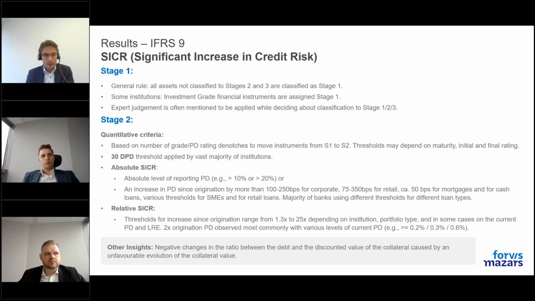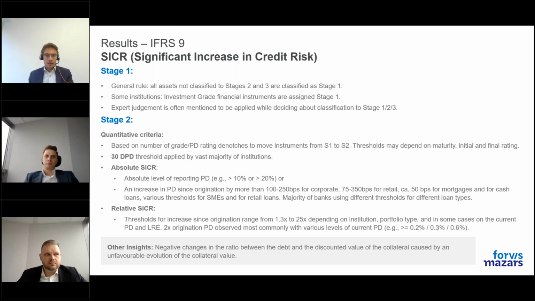One interesting case is that some institutions do not refer to increase in PD while defining SICR for their exposures. So we saw that for secured portfolios, it's sometimes the LGD side of the modeling, but in this case LTV is used to define significant increase in credit risk, while change or negative change in the ratio between the debt and discounted value of collateral.